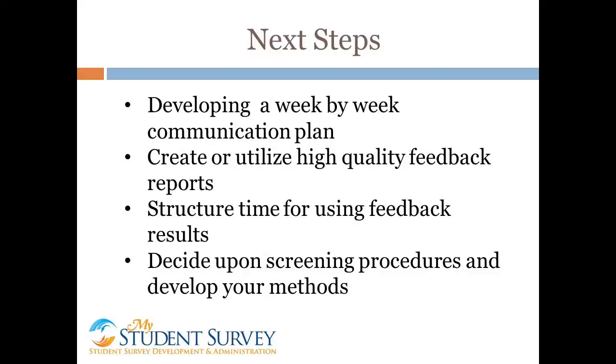The third thing is thinking about structuring time to be able to use those feedback results. Where is it going to fit in? And that's really helpful to highlight on the front end too: this is where it's going to be used. You'll talk about this in your mid-year conversation. And then finally, thinking about what screening procedures you would like to use and developing your method so that you can then implement it for student surveys.